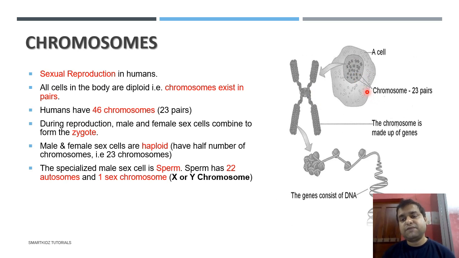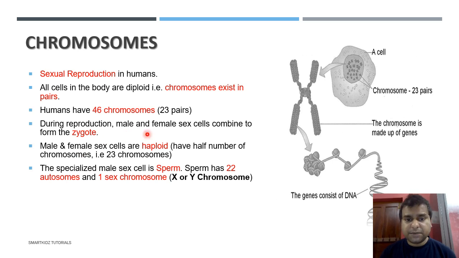So humans have 23 pairs of chromosomes. That means there are a total of 46 chromosomes, and each chromosome is made up of many genes, and these genes are nothing but short segments of DNA. This is a helical structure. Helical structure means it's just intertwined between each other, and made up of chemical bases.